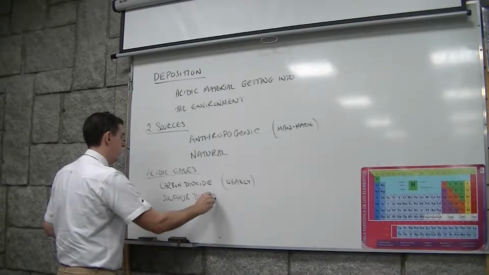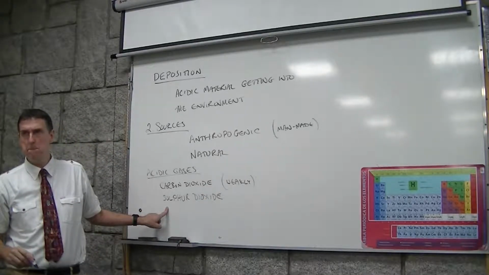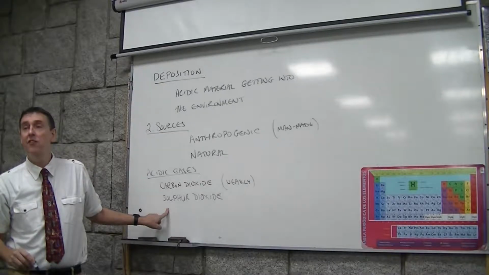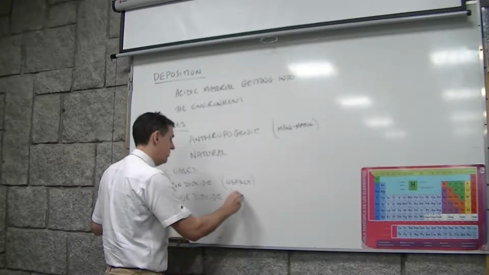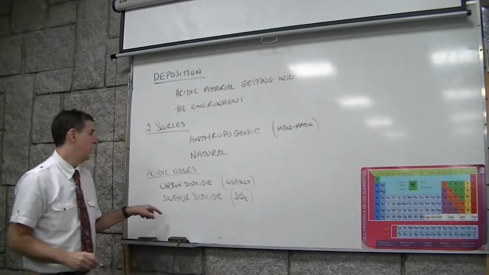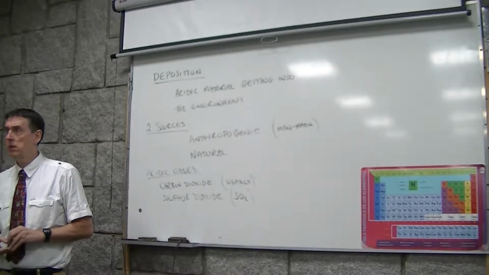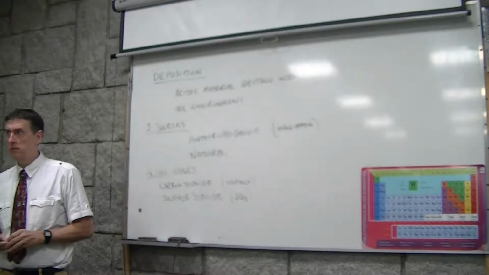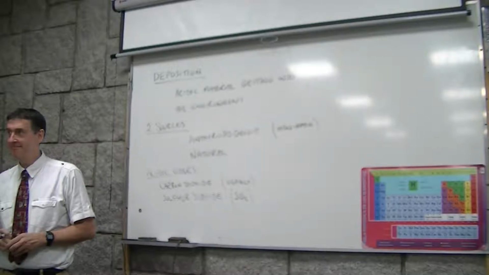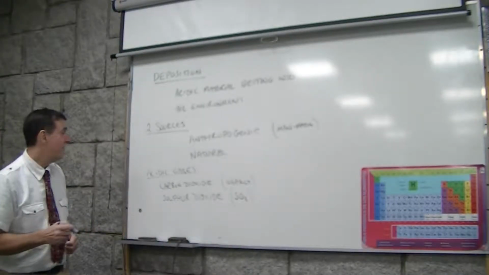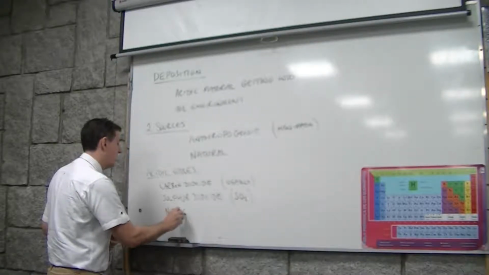What's the proper name for sulfur dioxide? Sulfur(IV) oxide, because sulfur dioxide has the formula SO2. Another acidic gas? Nitrogen oxide. Well, in fact, there are several nitrogen oxides. So I'm just going to write nitrogen oxides.